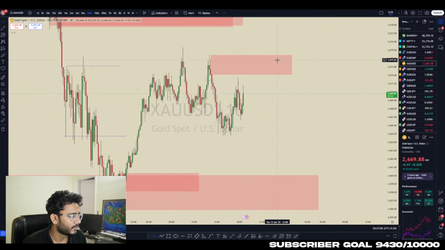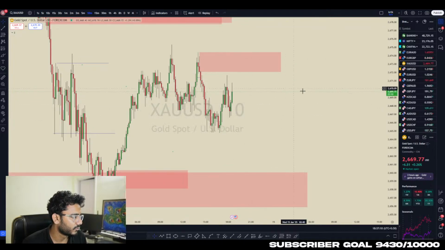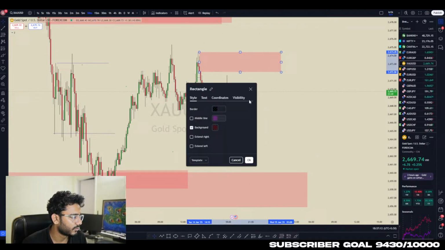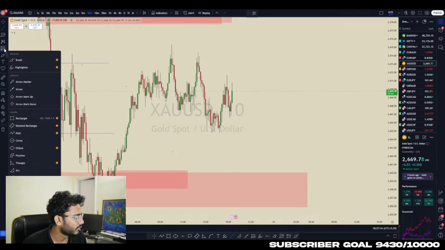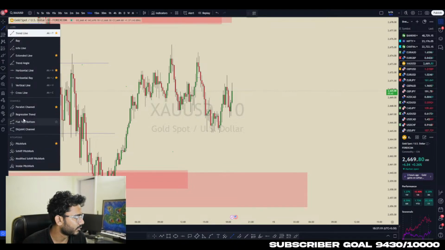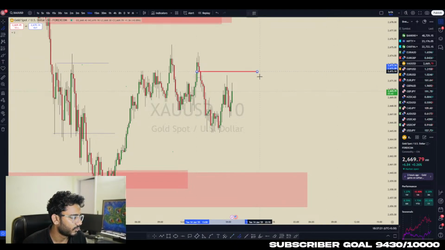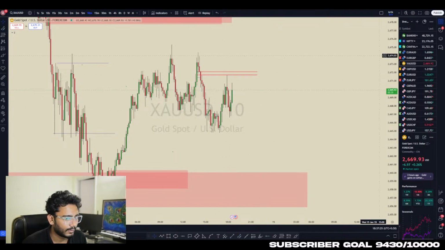We want to see some kind of shift happening on 1 minute, so we can look for the sell side. This is just a demand zone, I'll remove it. Or two lines, which is like an imbalance. So we know that there are unfilled order blocks, and an unfulfilled imbalance of structure is here.